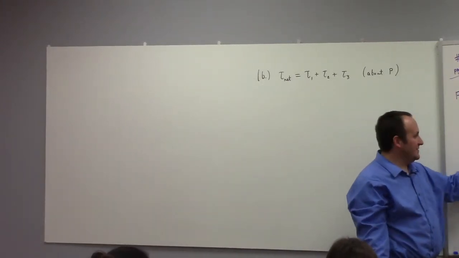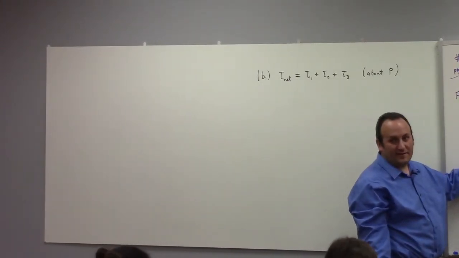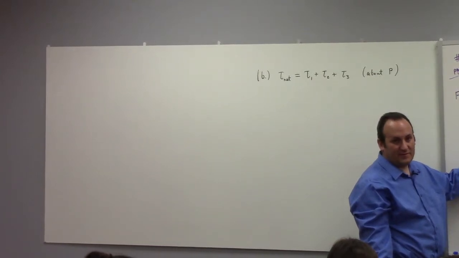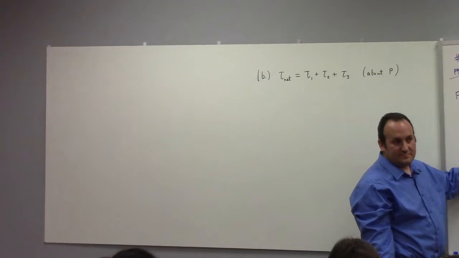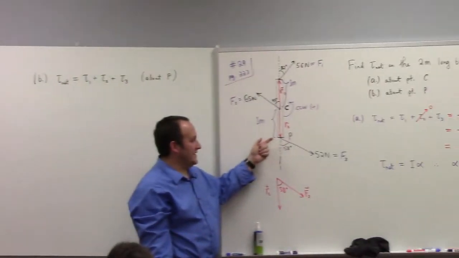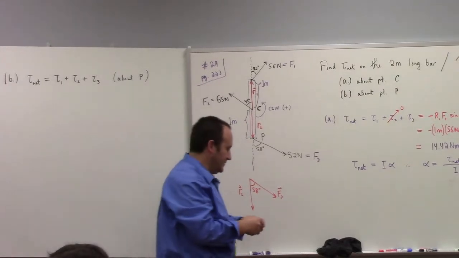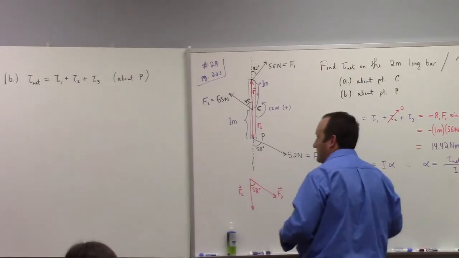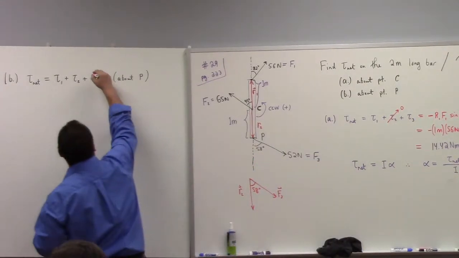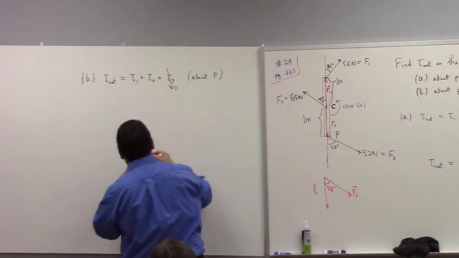F3 is applied directly to the pivot point. That gives you no leverage whatsoever, right? So the torque from F3 is just 0 because there is no radial displacement of the force as it's applied to the pivot point. So that is just straight up 0.